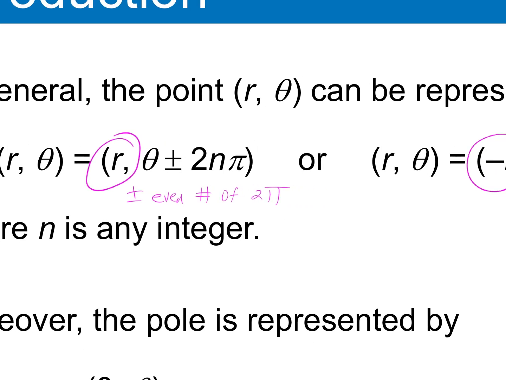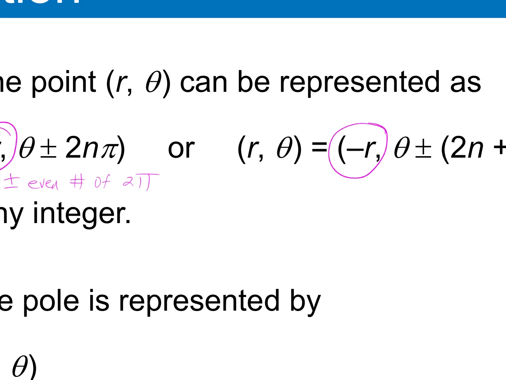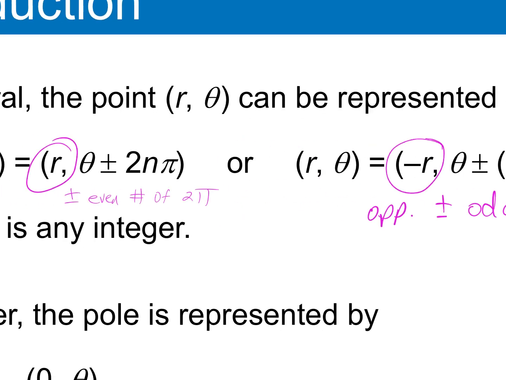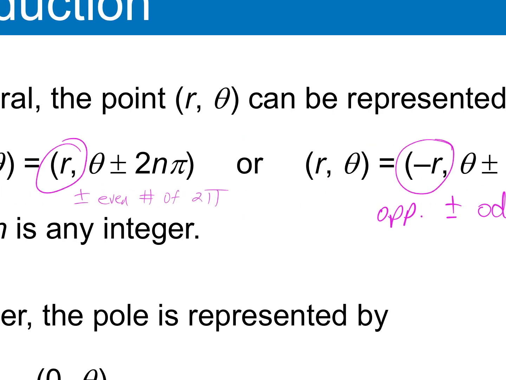If you want your R value to change from positive to negative or negative to positive, to be opposite, you're going to add or subtract an odd number of pi's. I meant to say an even number of pi for the first one. It'll be 2 pi, 4 pi, 6 pi.